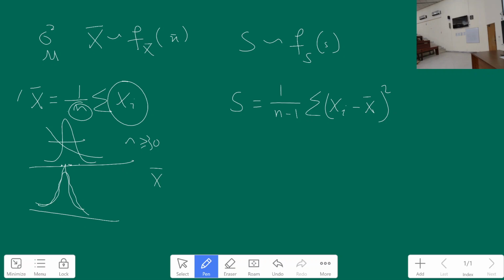But let's look at the case. I will not prove it here, but it can be shown that the random variable defined as (n minus 1) S square over sigma square, you recognize this is the sample variance, this is the true variance.